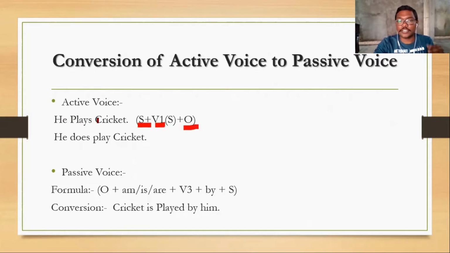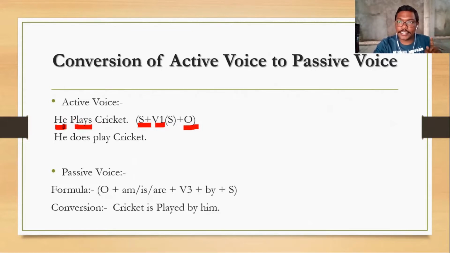We already discussed this in part 1. Here, he is the subject and plays is the verb plus s. Why do we take s? As I said, when the subject is third person singular, you have to use either es or s along with the V1. If the subject is not third person singular, there is no need.